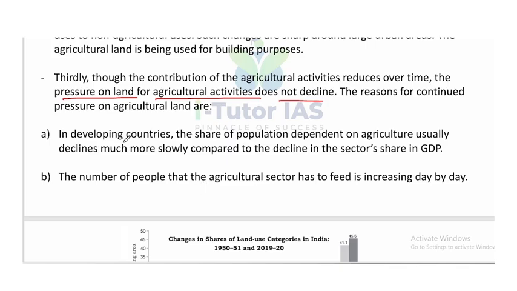First, in developing countries, the share of population dependent on agriculture usually declines much more slowly compared to the decline in the sector's share in GDP. The number of people that the agriculture sector has to feed is increasing day by day. We know India is the most populous country today.